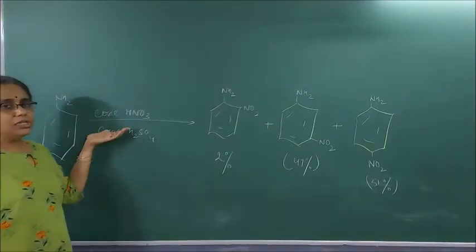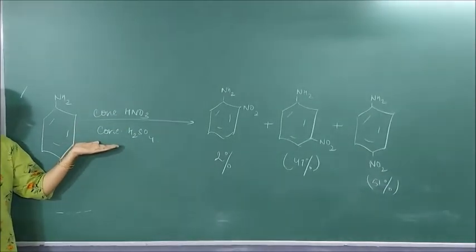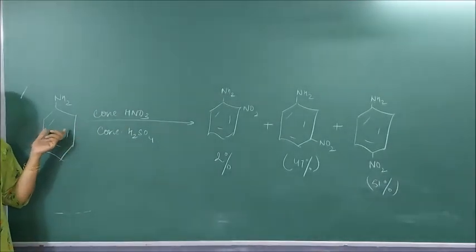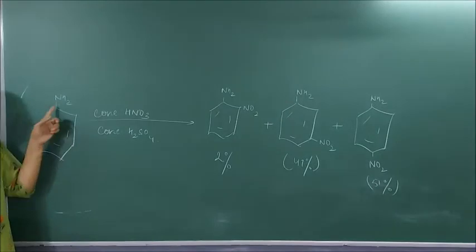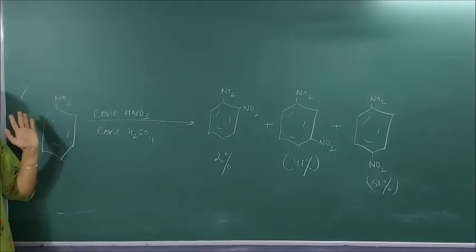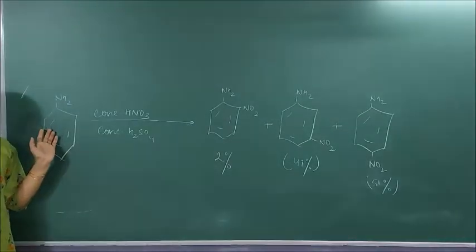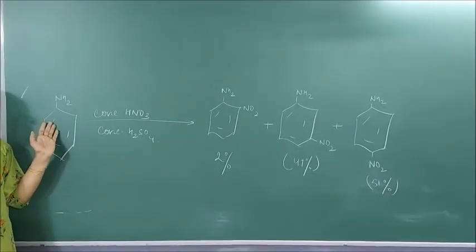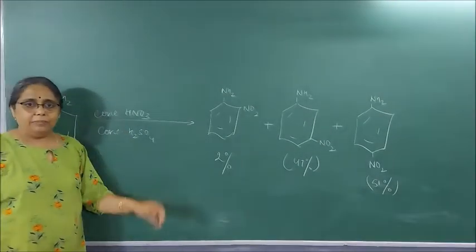See, what happens is when there is a very strong acidic medium, a part of aniline gets protonated and forms the anilinium ion, NH3 plus. As it is a very strong acidic medium, a part of aniline gets protonated and converted to the anilinium ion.